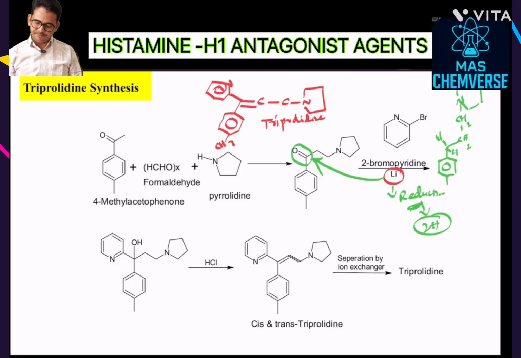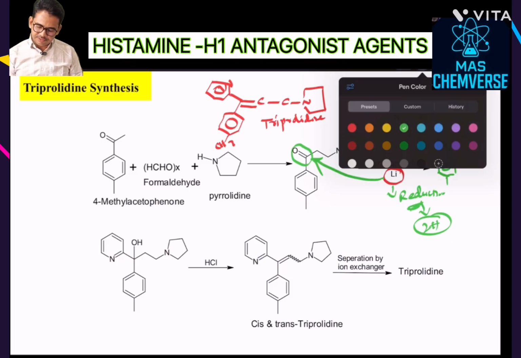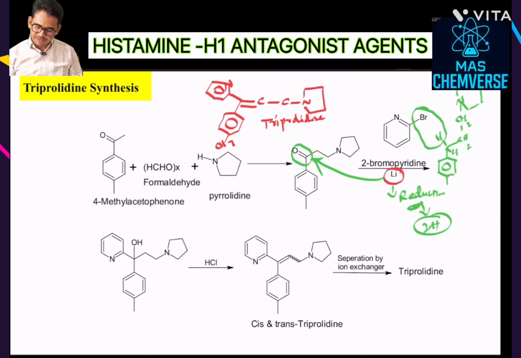This is the pyrrolidine. Okay, then what happened now? This bromine reacts with this hydrogen. These electrons of this hydrogen, whatever the electrons are there, are helpful for the formation of the double bond here.